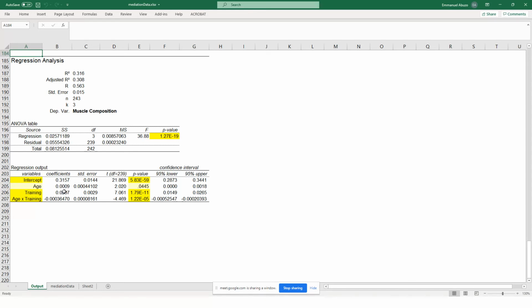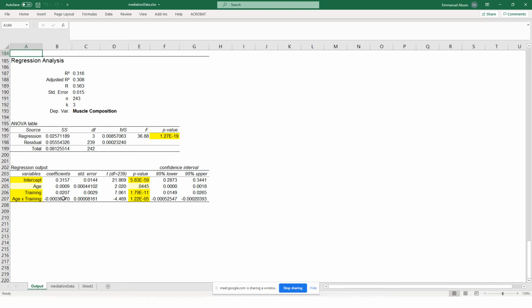And then the training hours are positively related to the muscle percentage. So the clients gain 0.0207 percentage points for each hour of workout per week.